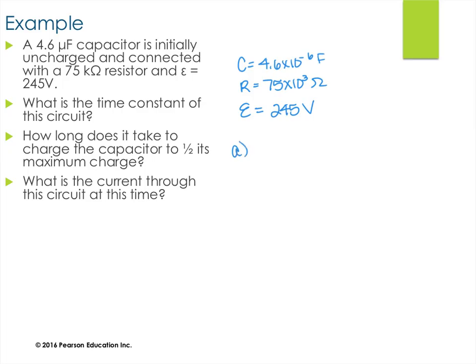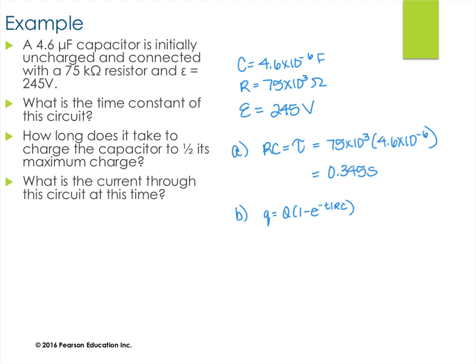For the time constant of the circuit, remember that's resistance times capacitance. I did the calculations, multiplying resistance times capacitance, and we get a time constant of 0.345 seconds.